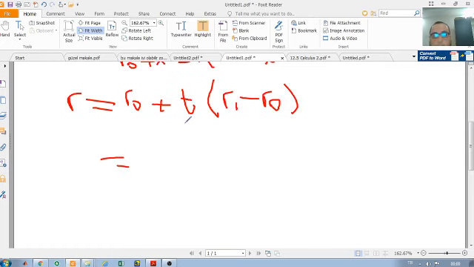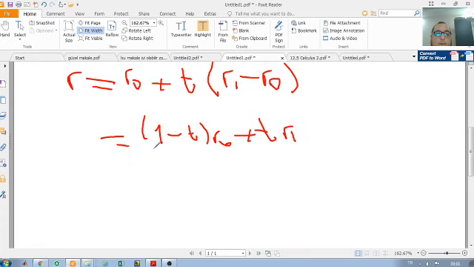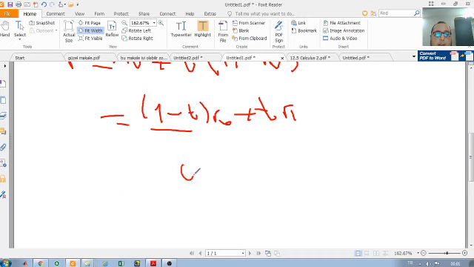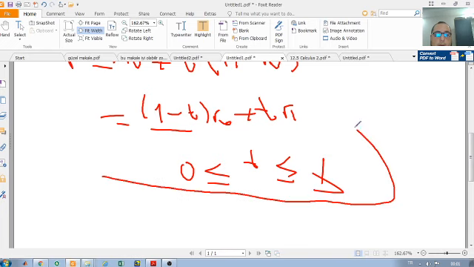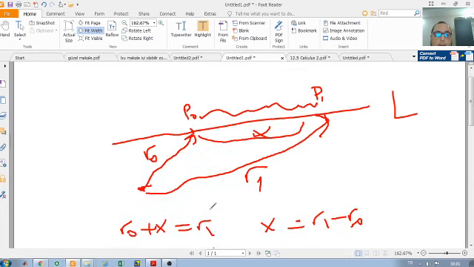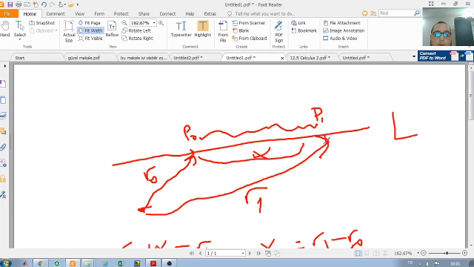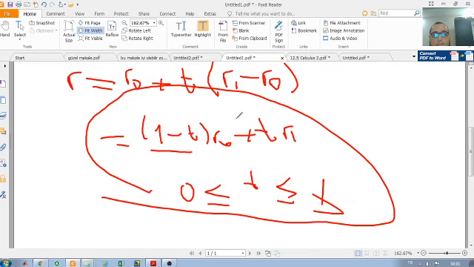Therefore, by distributing the parameter t into the parentheses, we obtain (1 minus t) r0 plus t times r1. So from the first coefficient, t should be between 0 and 1. So this is the general formula for the line segment from the point P0 to P1. Okay.